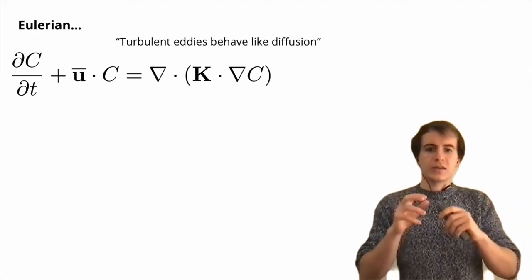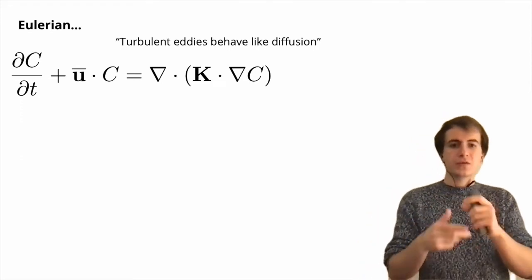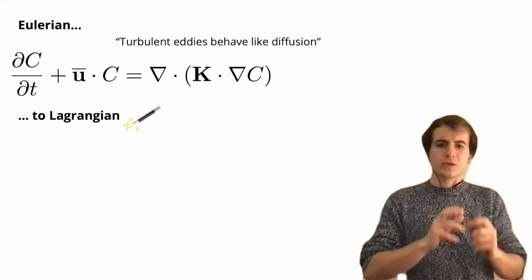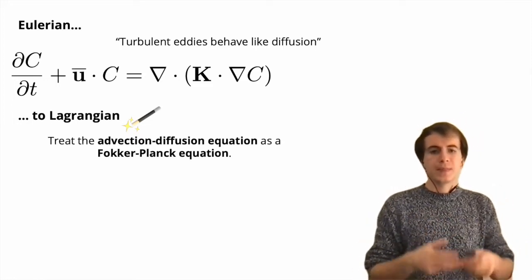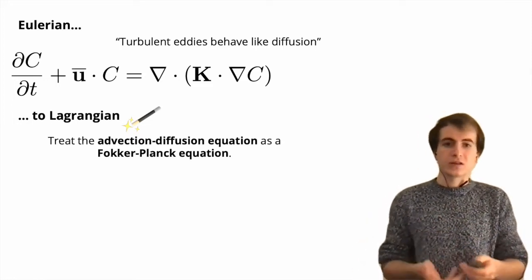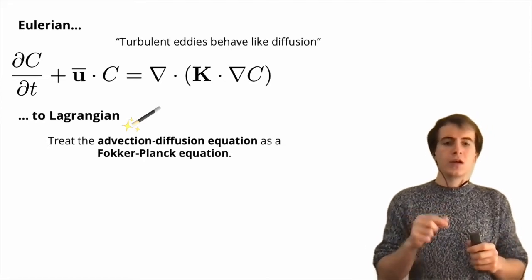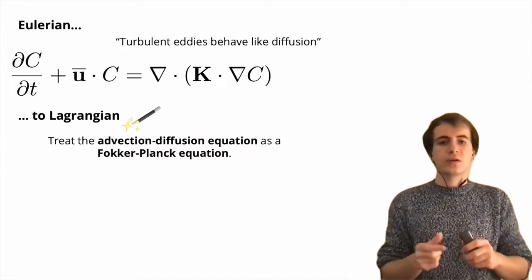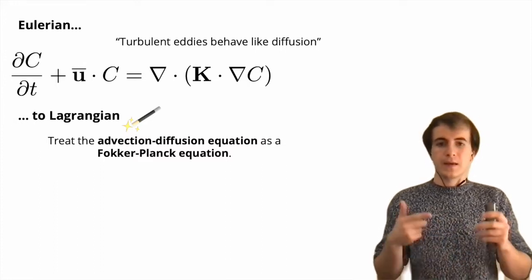And we can actually create a translation from this Eulerian frame to the Lagrangian frame. We can do this by treating the advection diffusion equation as a so-called Fokker-Planck equation, which describes the evolution of a probability density function corresponding to a stochastic differential equation.